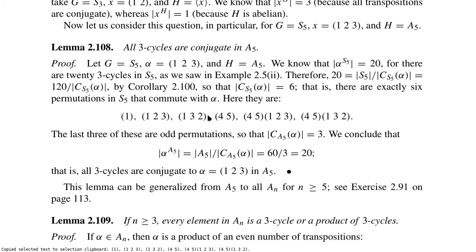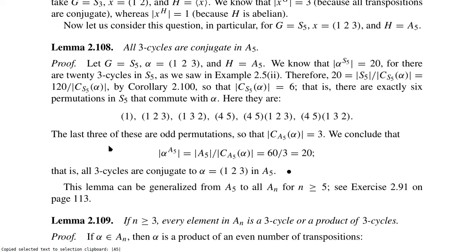Okay, yeah, it's going to contain 3 elements. So the conjugacy class with respect to the alternating group is going to be A5 over CA5 alpha. And this is 60, because this is 5 factorial over 2, 60 over 3, that is 20.